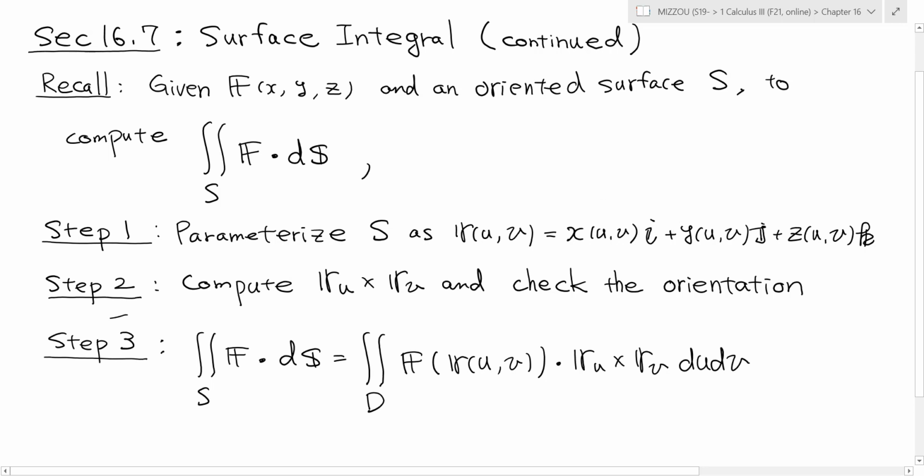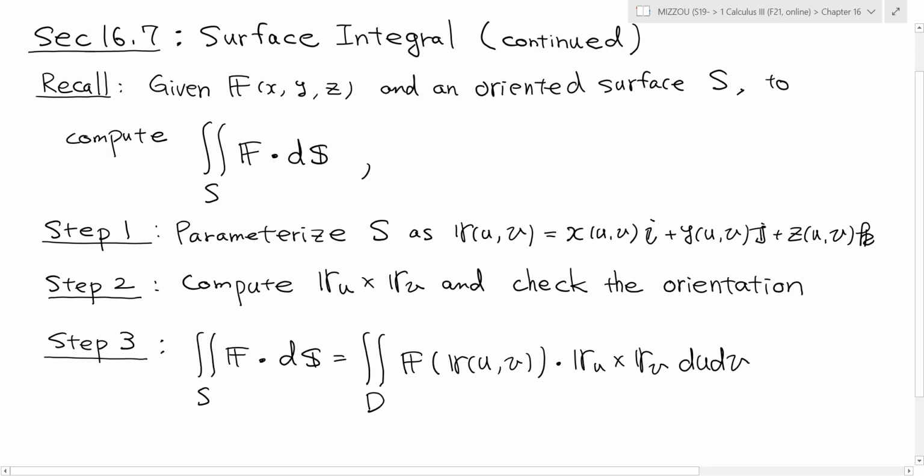Step 2 is to compute this cross product and check the orientation, meaning make sure that the given orientation of S in the problem is consistent with this cross product. If this one is opposite to the given orientation, you have to choose the other way around. You have to multiply by -1.